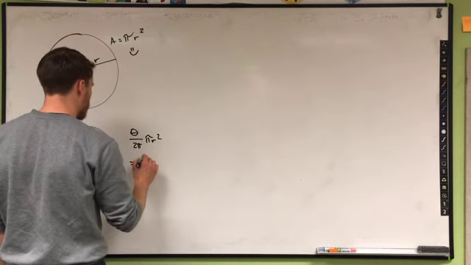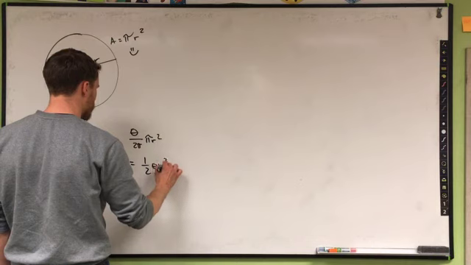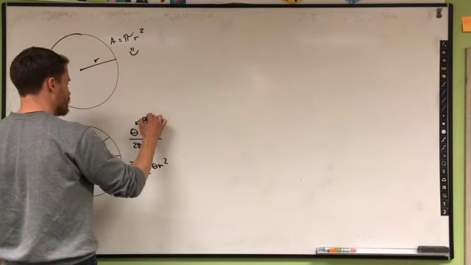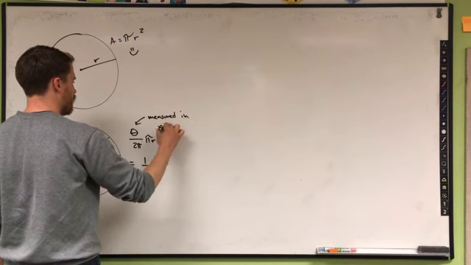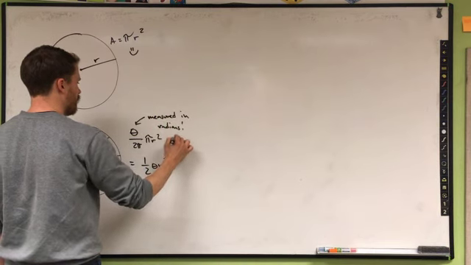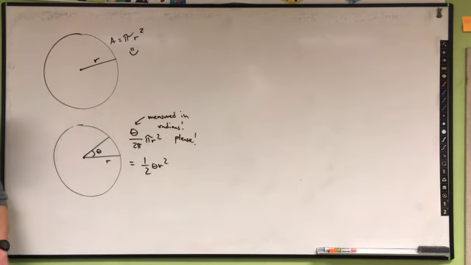Well, the pi's divide, and so you actually get that 1/2 times theta times r squared, remembering that theta is measured in radians, of course. Then the area of a sector of a circle is just 1/2 theta r squared.